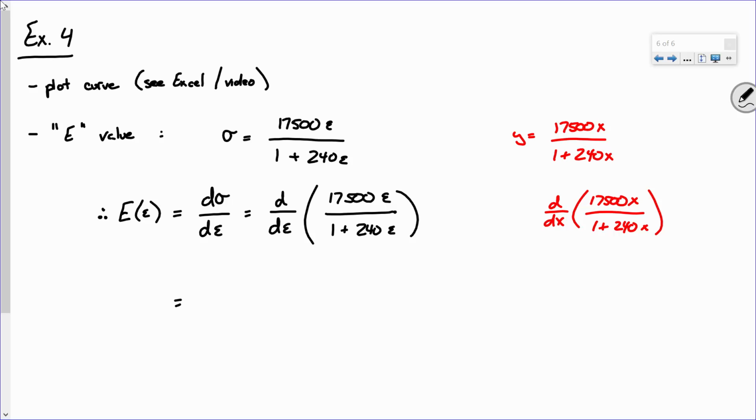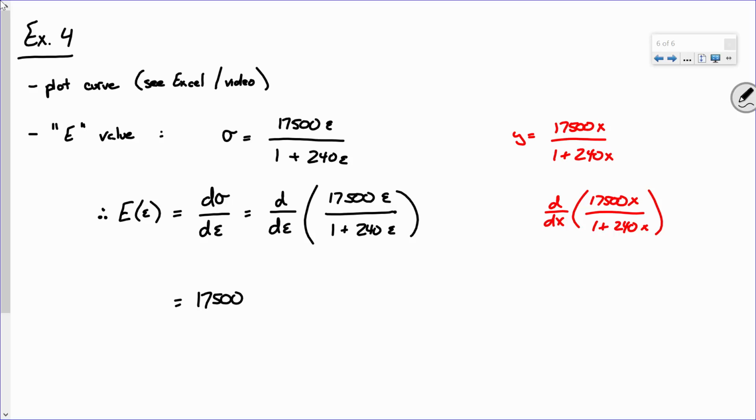So 17,500 times something. I have the derivative of a fraction, so I got to use that whole quotient rule. Remember that? The bottom times the derivative of the top minus the top times the derivative of the bottom, all over bottom squared. Y'all remember that?